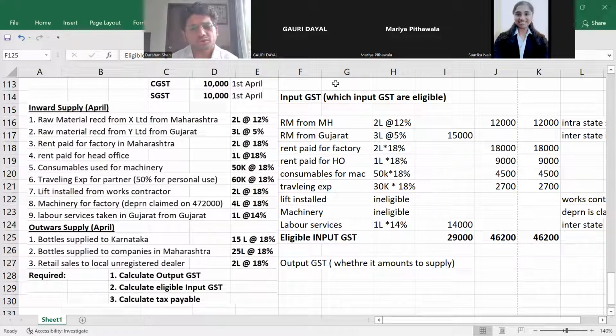Don't go into those details for BCom level. For point number 9, if it was labor services taken from Gujarat, I first decide the place of supply, and based on that I decide whether it is interstate or intrastate, and then I take it under IGST or CGST, SGST.